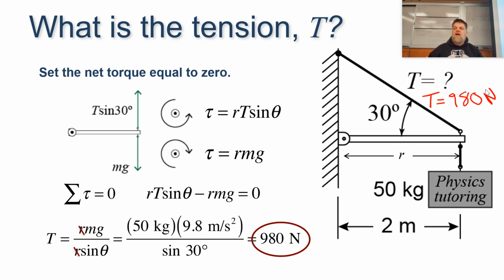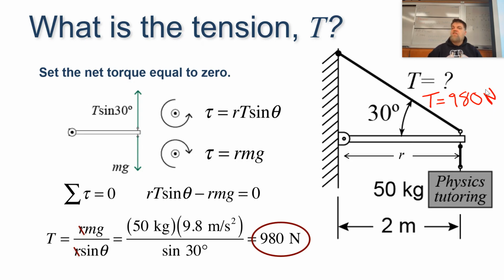So if I don't have a rope or cable or chain that can hold 980 newtons, what will happen? It'll snap, right? Now, what could I do? We're assuming a lot of things. We're assuming the wind will never blow on that sign. That's not true.